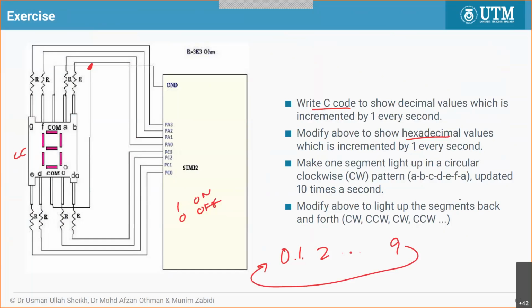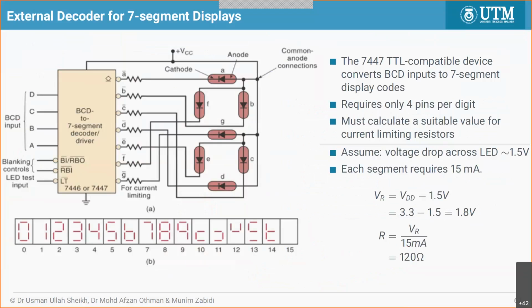And this is not possible if you use an external decoder like the 7447 chip. If you use this chip, the number is correct until 9, and after that, seemingly random patterns will be displayed.